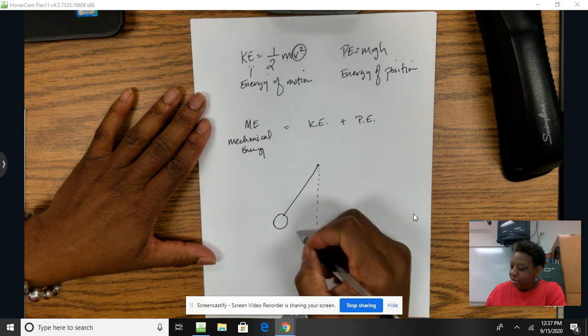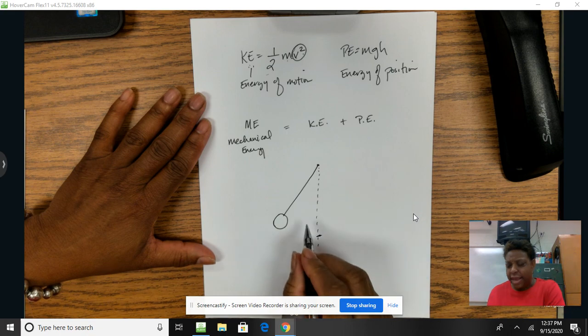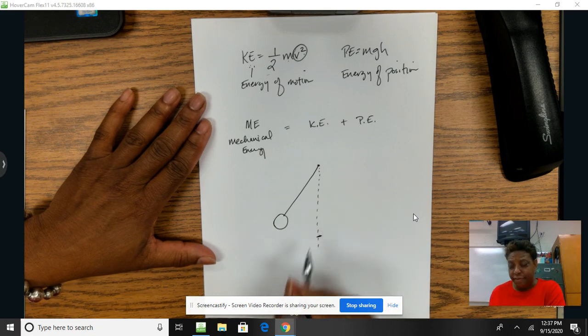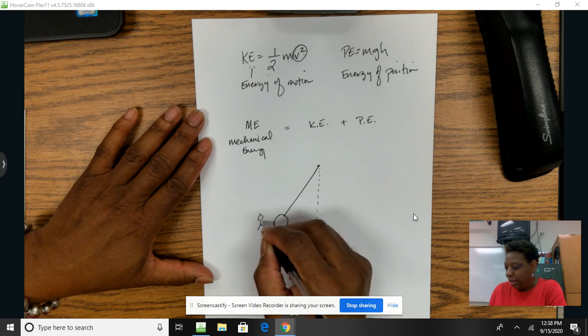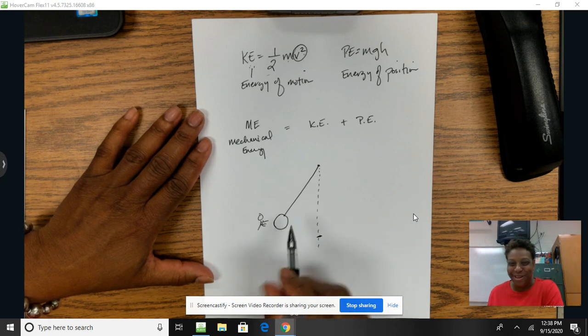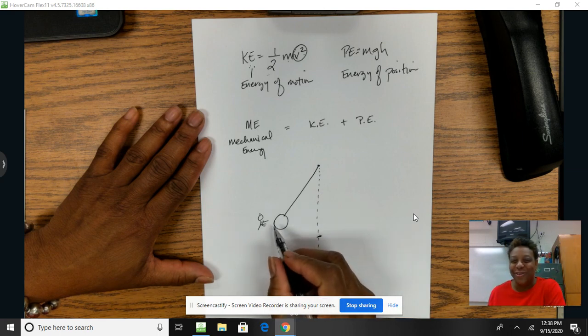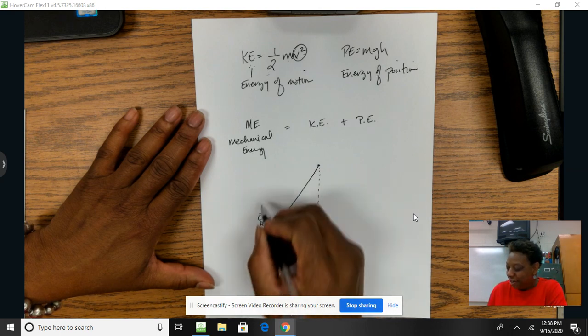So when I raise the pendulum, let's say I've raised it to this position. I'm going to draw a poor image of a stick person as if they're holding that pendulum. So they pulled it back and they're holding this pendulum. And let's say that in this position, it has 50 joules of energy.